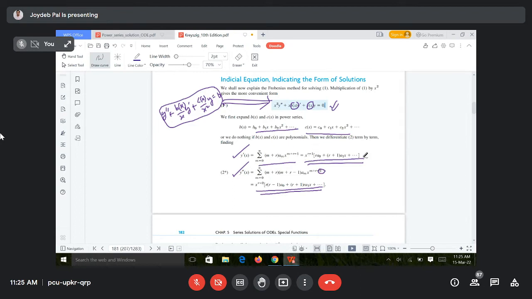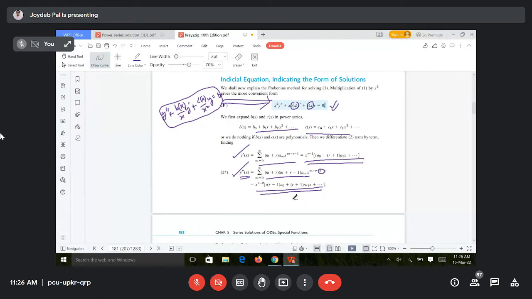So in each and every term you will get x to the power r minus 1 common, and therefore it will be x to the power r minus 1 into the rest: r a naught plus r plus 1 a1x plus so on. And similarly y double dash का भी जनरल टर्म में m 0, 1, 2, 3 पुट करो, you will get the explicit form, and from each term you will get x to the power r minus 2 common, so you take it and the rest remains the simplest form of the series.